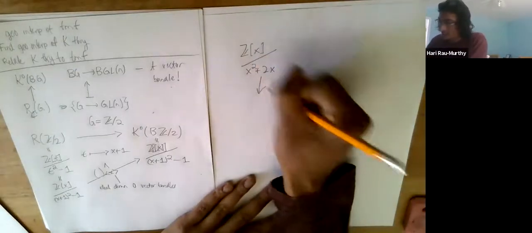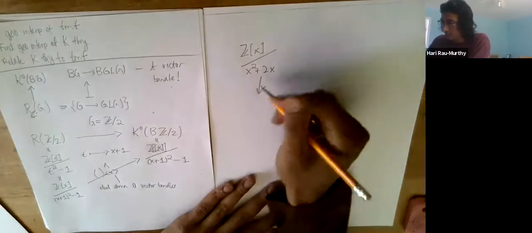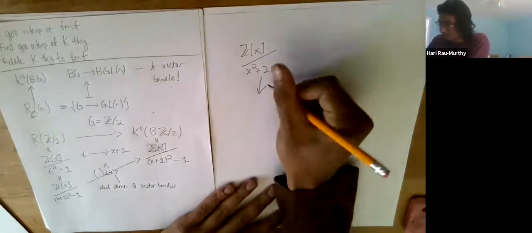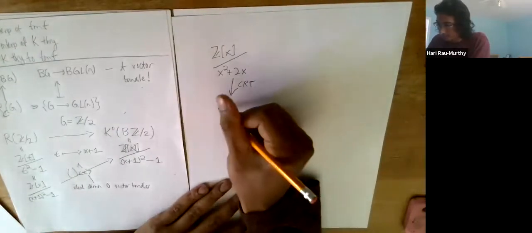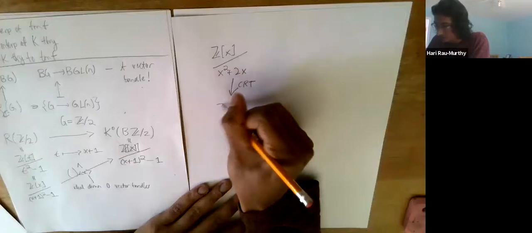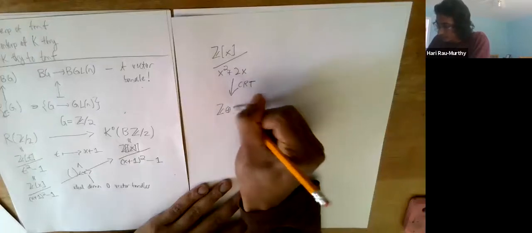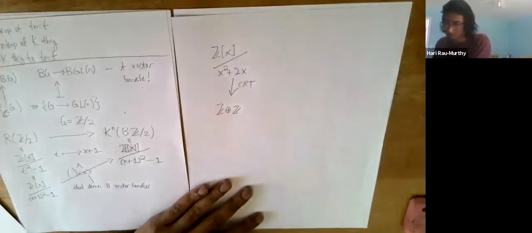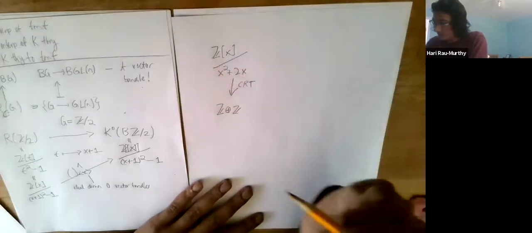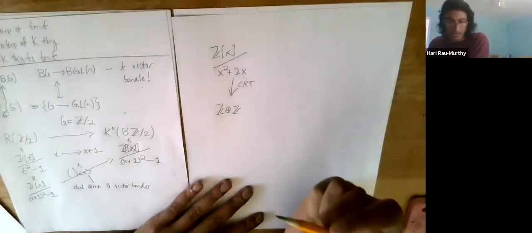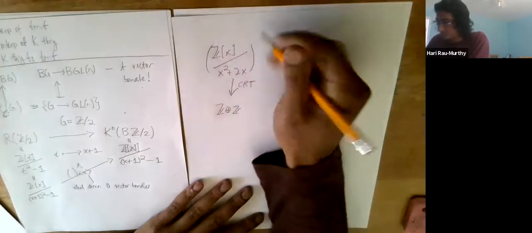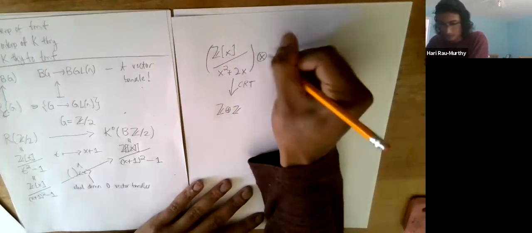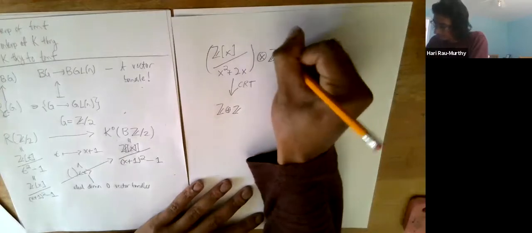And if I want to get class functions, I can use the Chinese remainder theorem and get a map to Z plus Z. This is the map, and in order to make it an isomorphism, I need to invert the prime 2.